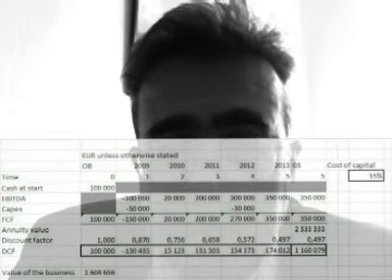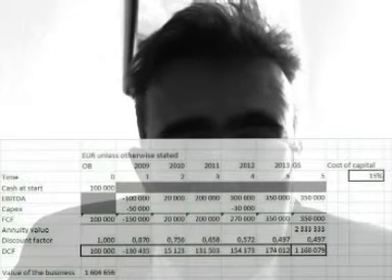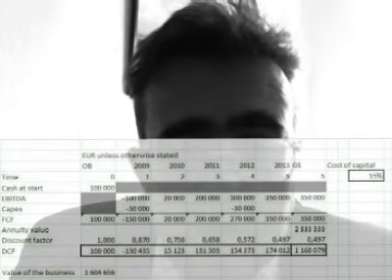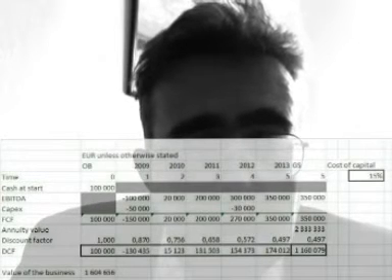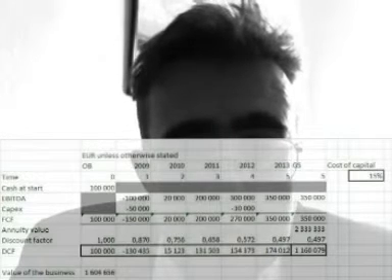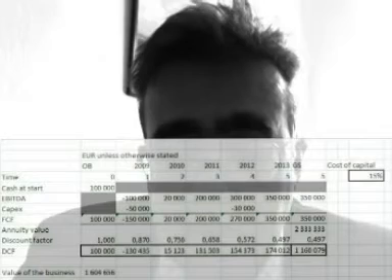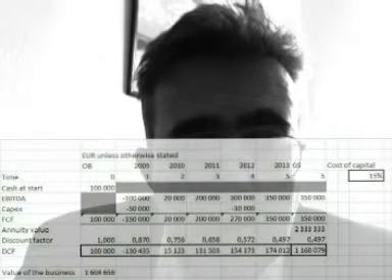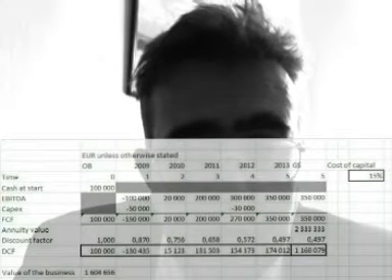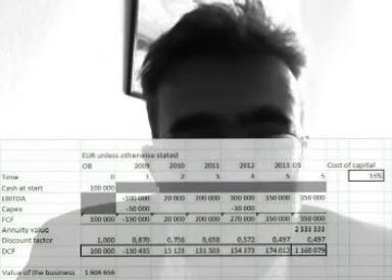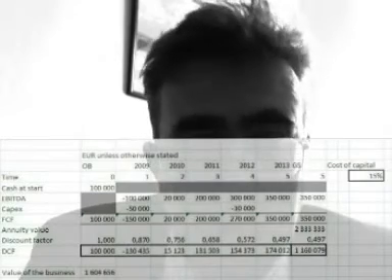Let's, for the sake of getting to a DCF, change these down. I'll change them back up again at the end so that it looks like I said it would look. Let's change these down to only 250,000, and let's make this one here only 100,000, and let's make the opening cash only 10,000.